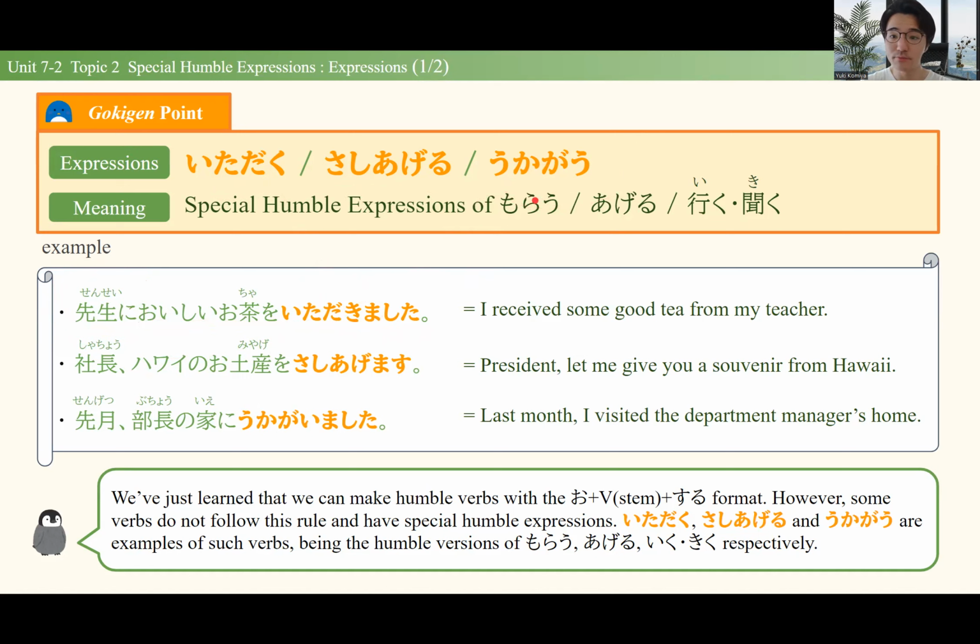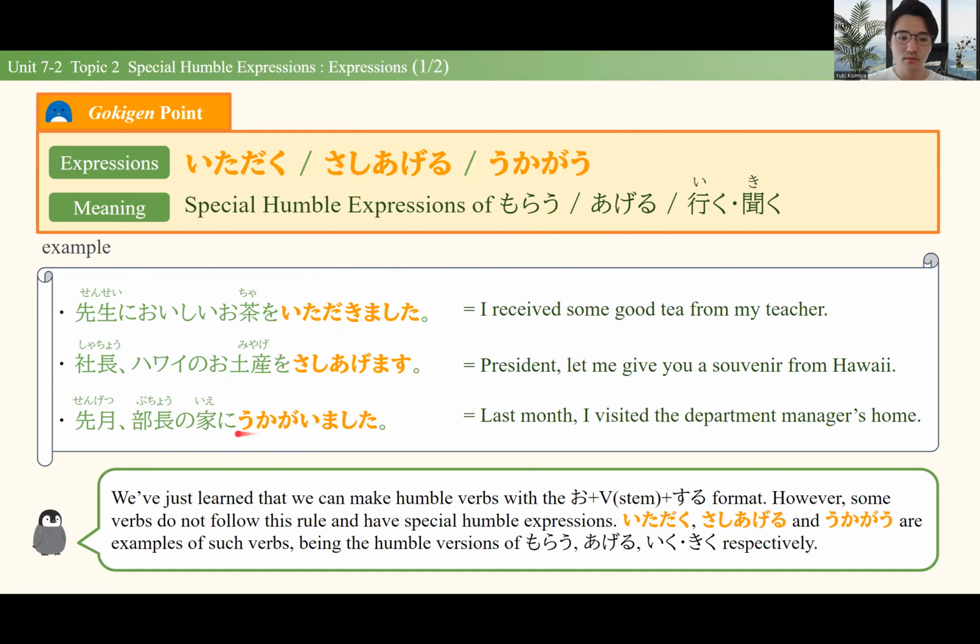This is corresponding to もらう. あげる. 社長、ハワイのお土産を差し上げます. President, I'm going to give you a souvenir from Hawaii. Again, in a normal sentence, it should be ハワイのお土産をあげます. But since the president should be higher social status than you, you are showing respect by making your あげる action into 差し上げる, humbly give you.